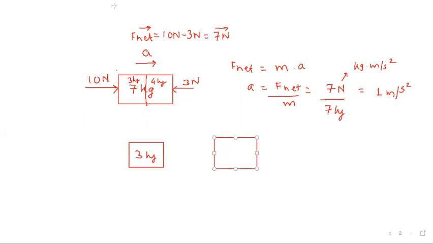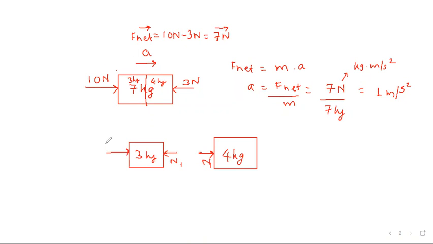Now you see that this 3 kg would push this 4 kg by some normal force, let us say N1, and this 4 kg, by Newton's third law of motion, would exert the equal and opposite force on this 3 kg. So this is also N1. N1 and N1 are the normal forces on these two blocks. So 3 kg would push this 4 kg by N1, and 4 kg would push back this 3 kg by N1.